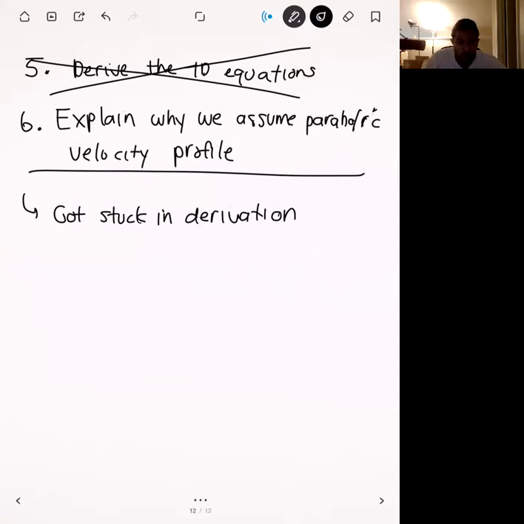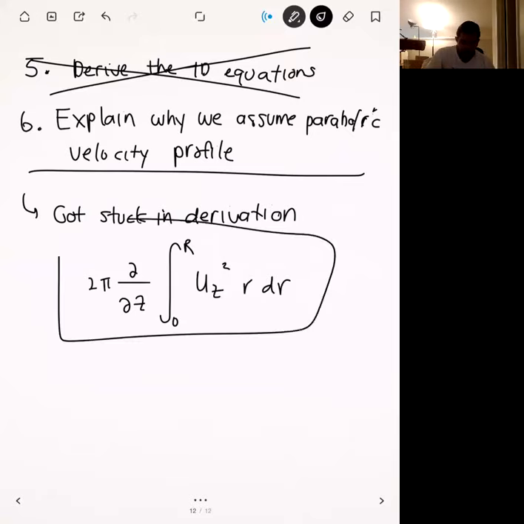The place that we were stuck was having to evaluate a term that looks like this: 2 pi times partial z of the integral from 0 to big R of uz squared r dr. We were stuck on this term because there wasn't really anything we could do about it.